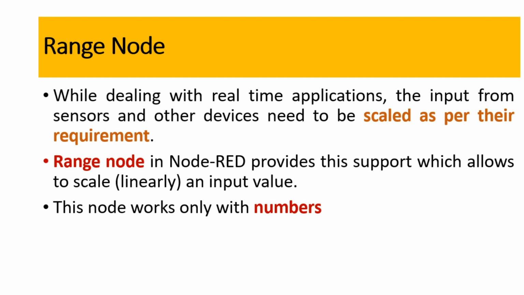The range node in Node-RED provides support to scale in a linear way with respect to the input value. So with respect to the input value, the value will be scaled out linearly. And one important point is this node always works with numbers, so you should be very careful in sending the data to the range node.